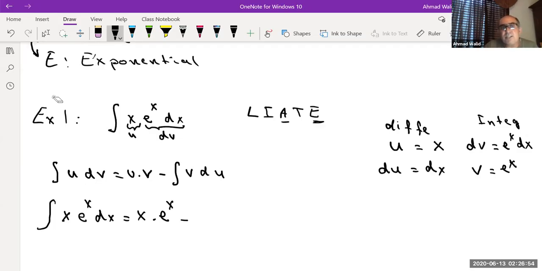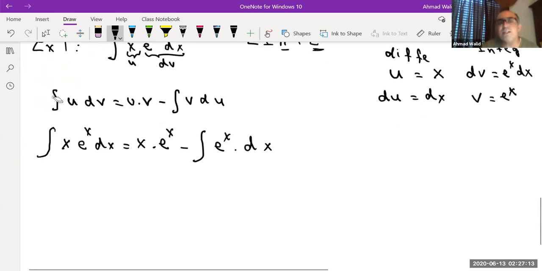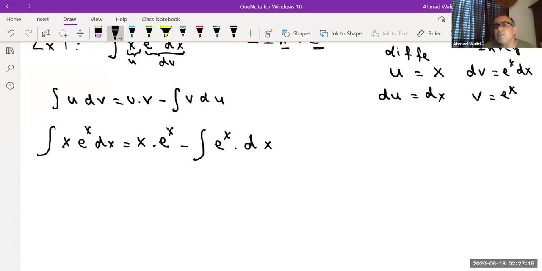Minus the integration sign. V. What is your v? E to the x, times du. What is du? Your du is dx. Wow, really easy. Now you know what is integral of e to the x.